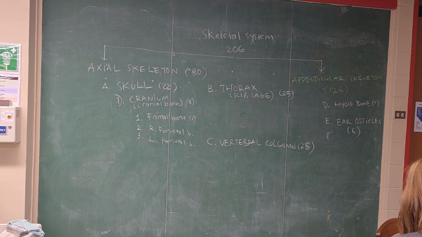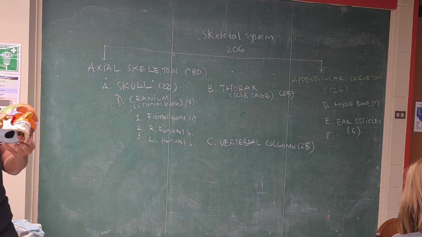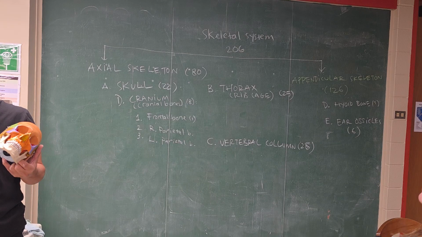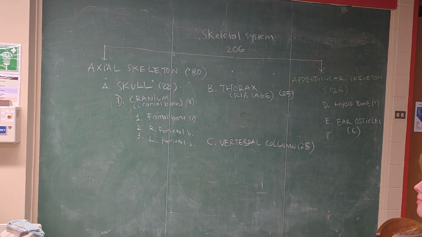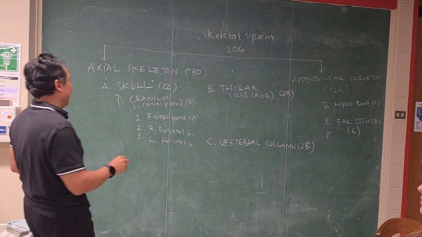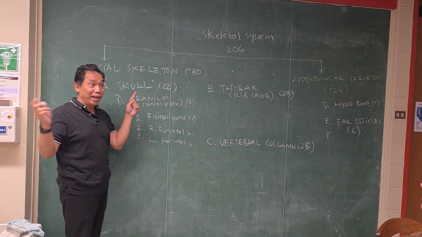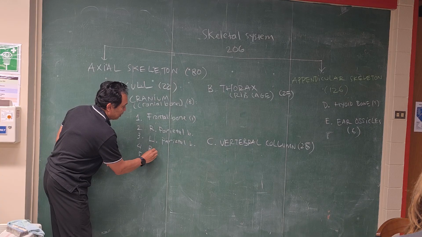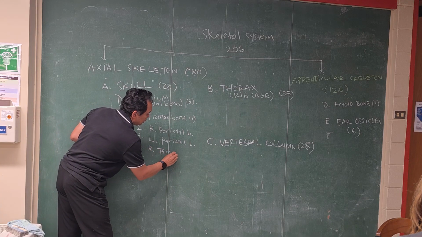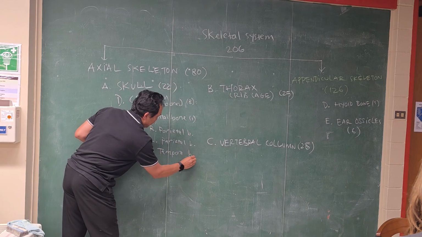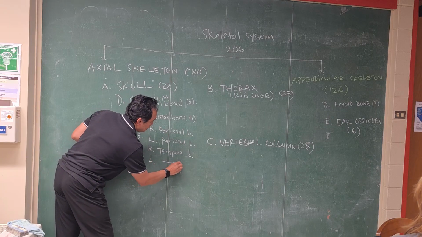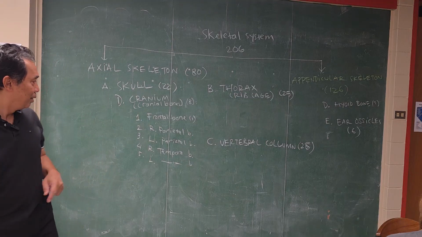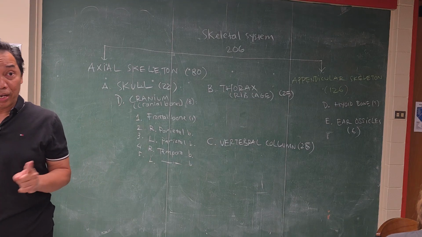Okay. Next is on the side. Temporal bone. And there are 2, what? Left and right. Therefore, we can put 4 and 5. Right temporal bone and left temporal bone. How many total? 5.